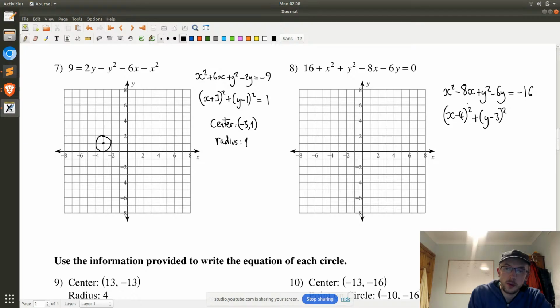This contributes a 4, this contributes 16, this contributes 9. Together that makes 25. That has to be taken away from the right hand side, I guess. Giving us -41, so no circle to chart.